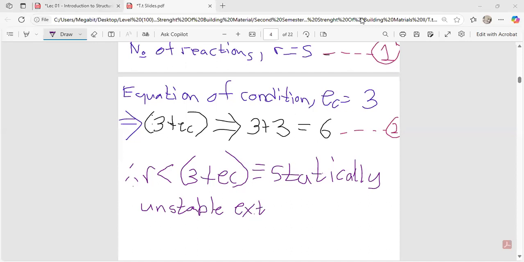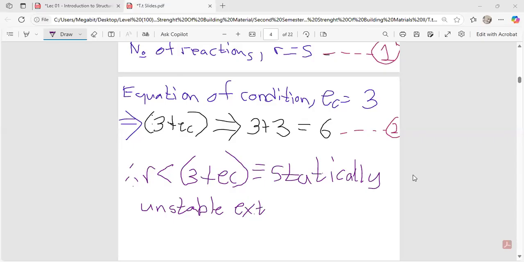Okay. So please, can you get 0? You are not going to get 0, because the rule is what? R minus 3.